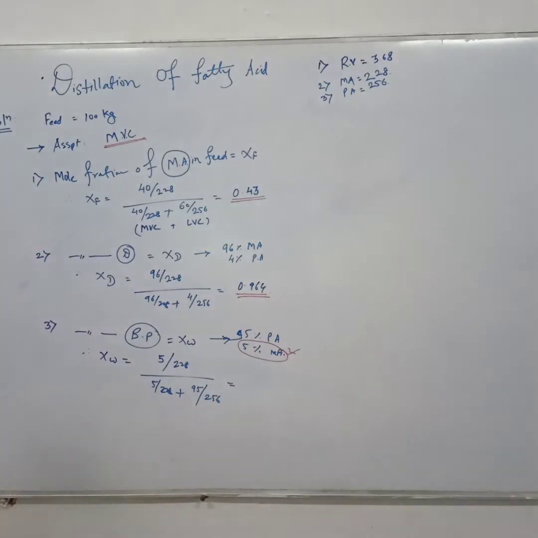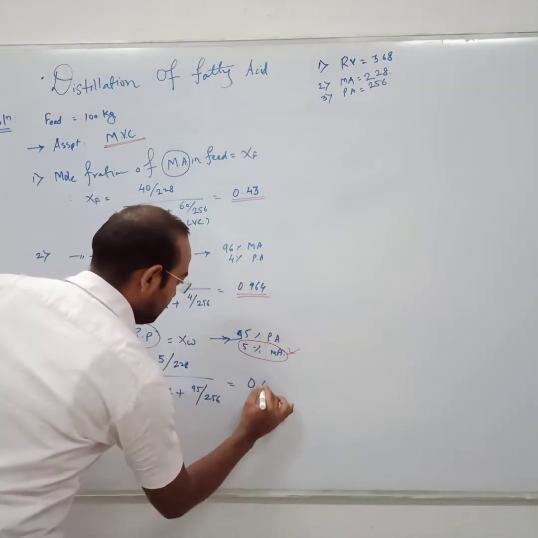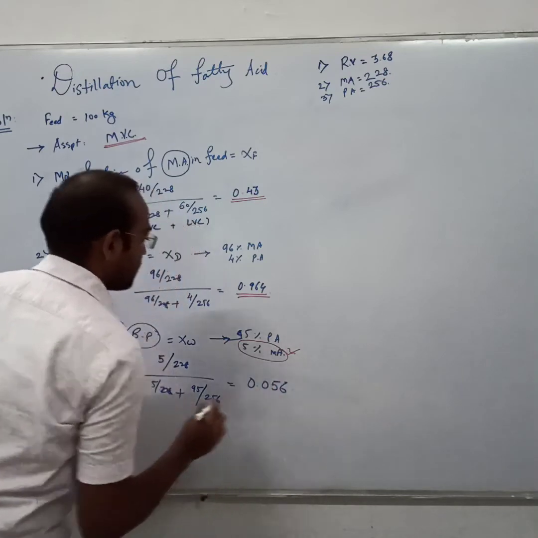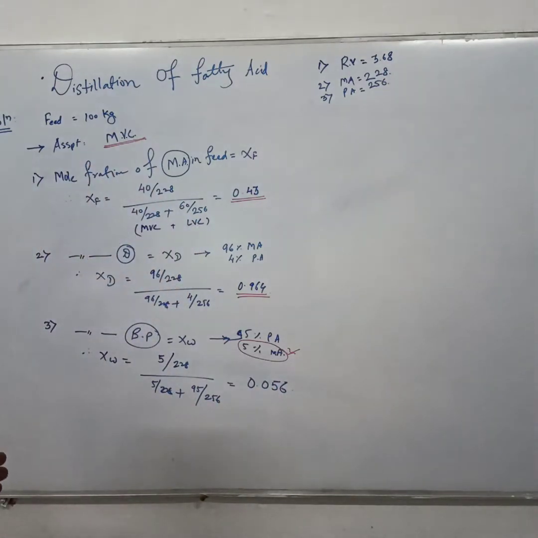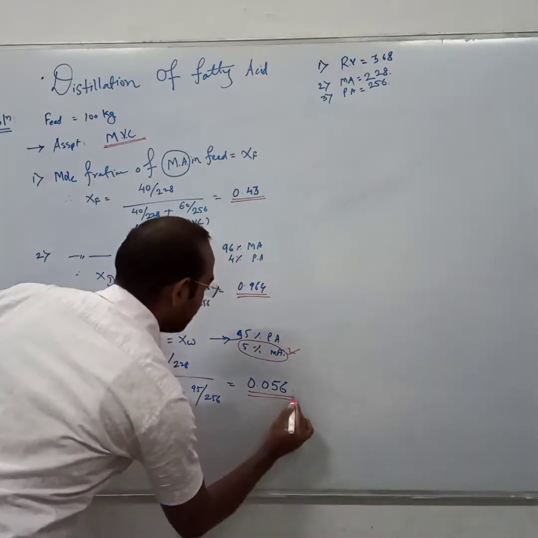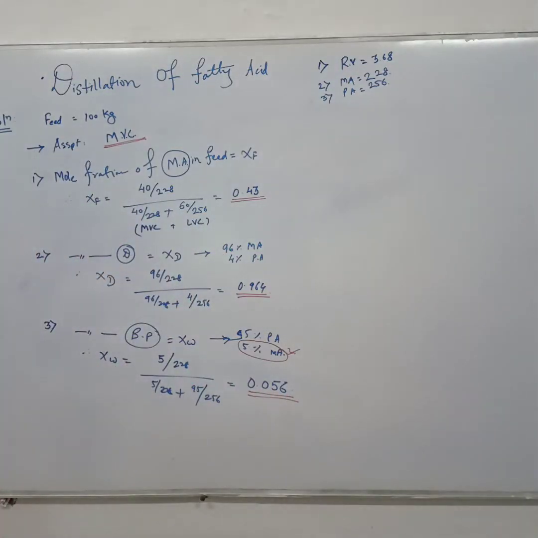So we are getting XW as approximately 0.056. So this is our third one. These are the most important values to start our graphical procedure.